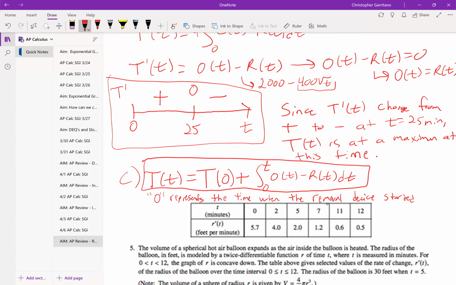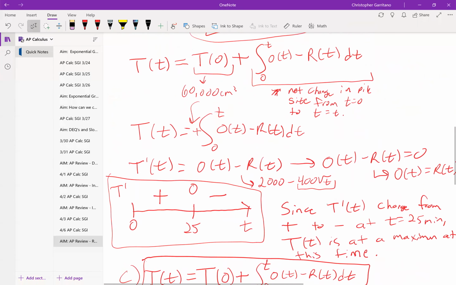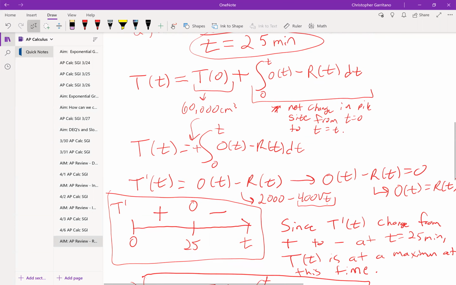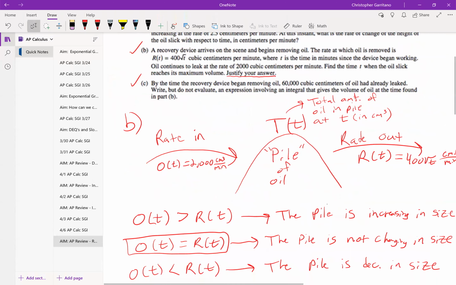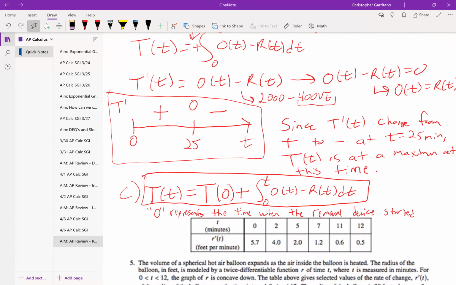Going back to earlier in the video, remember that integral from 0 to t of O of t minus R of t dt represents the net change in the pile size from t equals 0 to t equals t. And it tells you do not need to evaluate it, so we're done here.